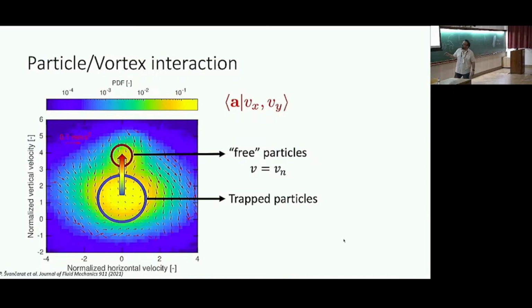What we can see is that you can go from a trapped state to an untrapped state if you are free to move, accelerating fast in the straight direction. And then when you are in this state here, if you bump on something, your velocity will change and you will fall back into the trapped state.